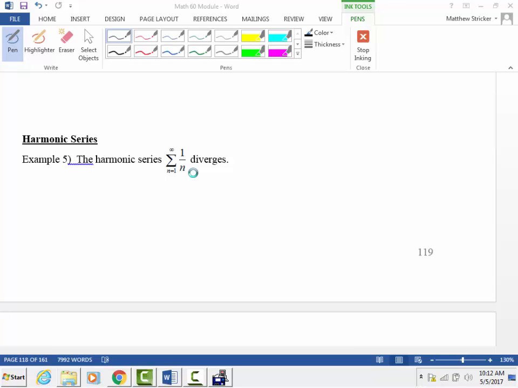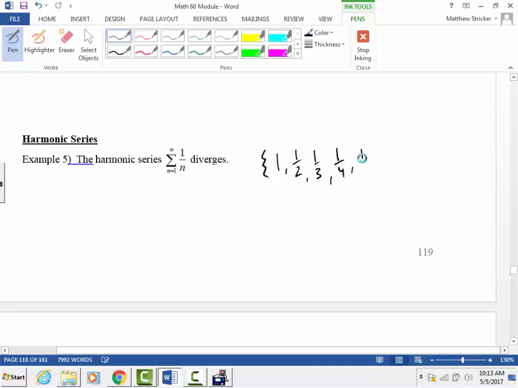Any ideas about this one? It doesn't oscillate. The terms of the sequence are going to be 1, 1/2, 1/3, 1/4, 1/5.